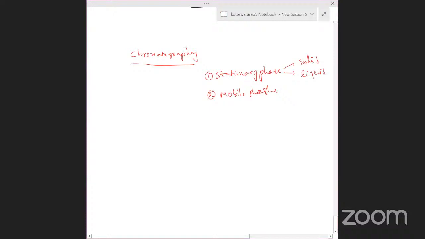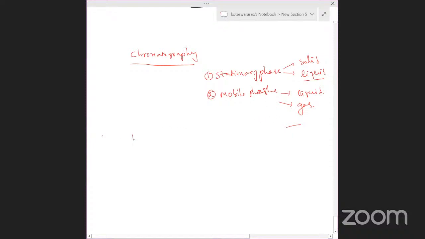If the liquid is the stationary phase, it will be used with a solid support, meaning the liquid is bound to a solid and taken as the stationary phase. The mobile phase is a liquid that has the property to move, or a gas.